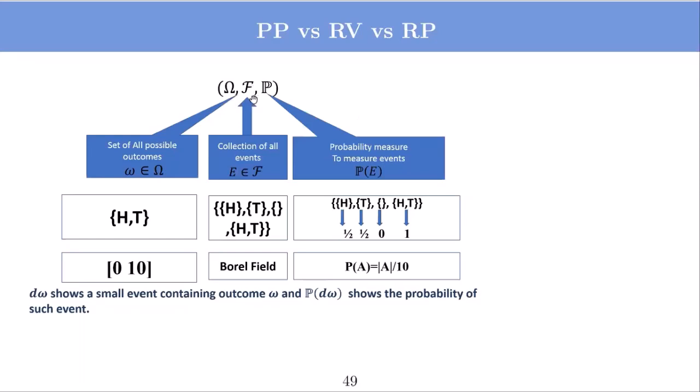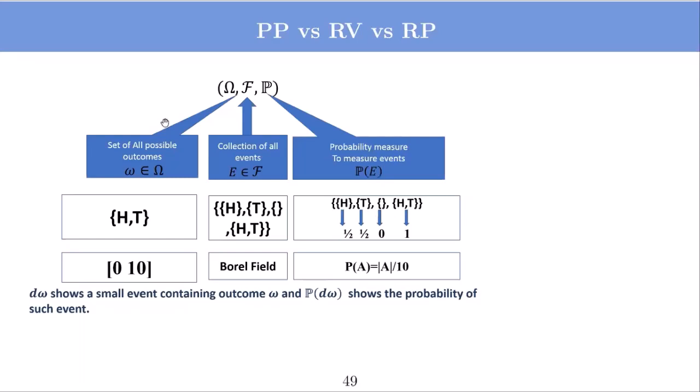It takes each element in this collection and assigns a probability between 0 and 1, where you get P. So this P denotes the probability of each event E, and it's a measure which assigns a measure to each event. So if an event has a higher probability measure, it is more likely.